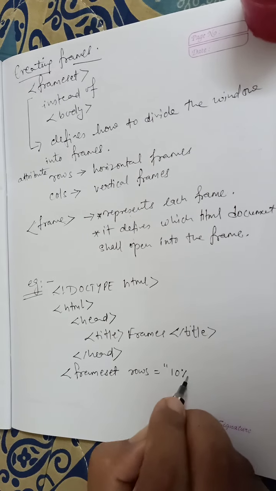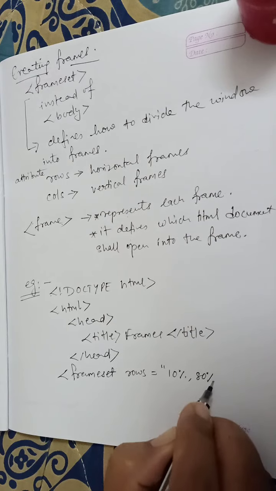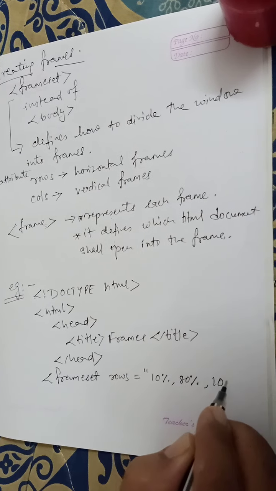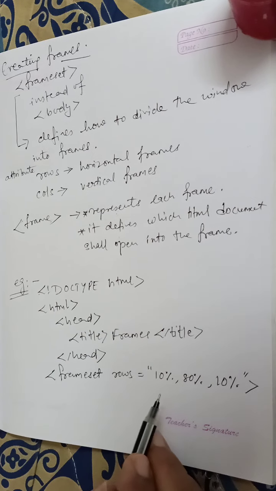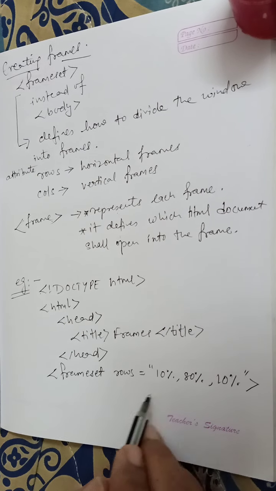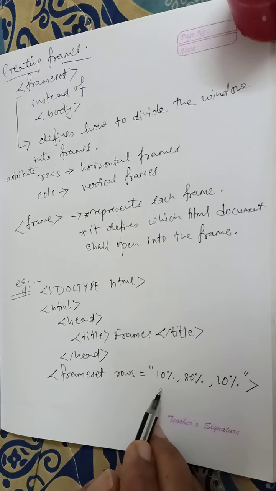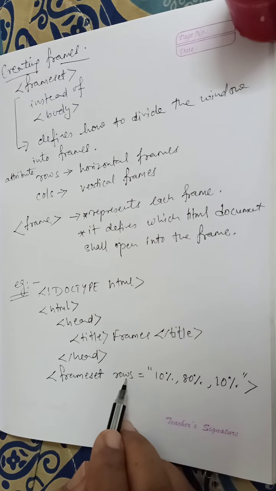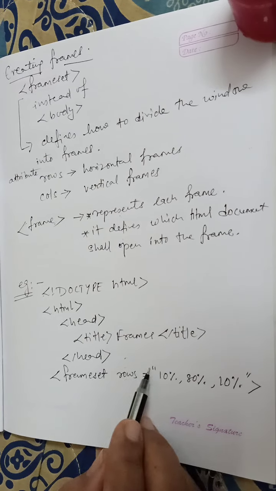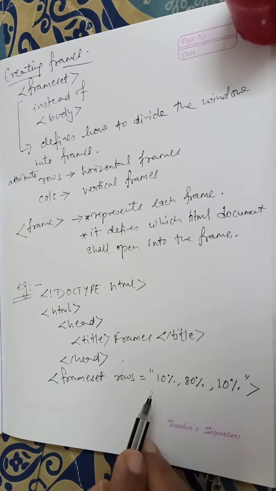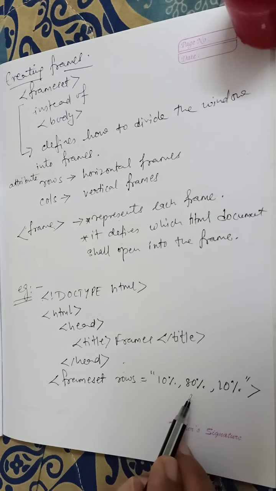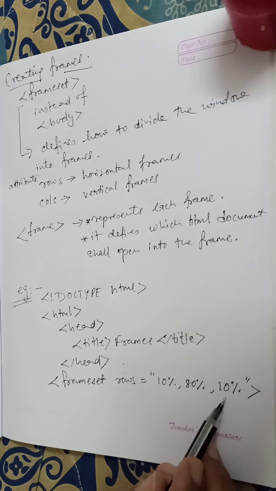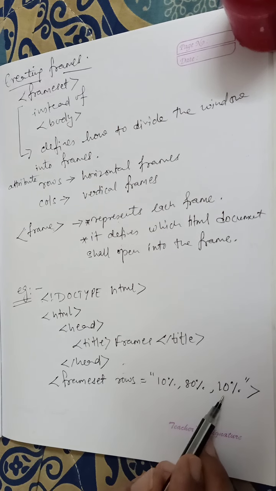Then I can define the percentage of the window that each frame should take. Here I am mentioning that my screen should be divided into 3 frames in a row-wise manner, where my first frame will be 10% of the screen, second will be 80%, and third will again be 10% of the screen.